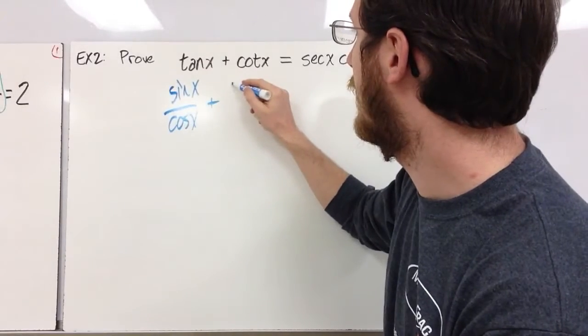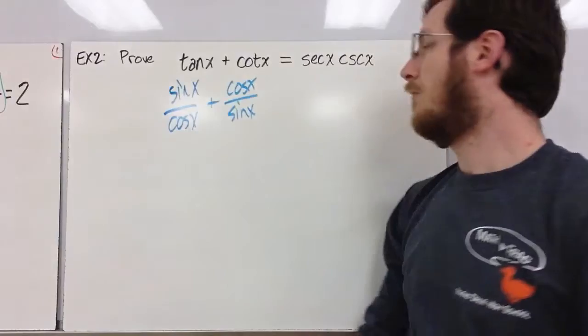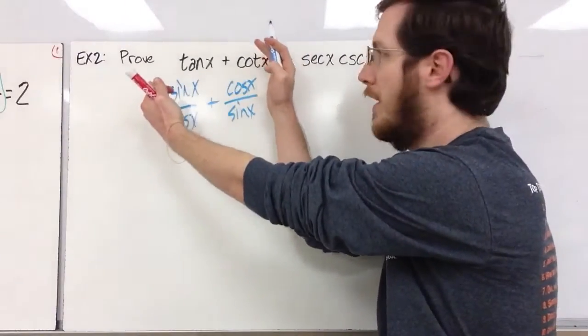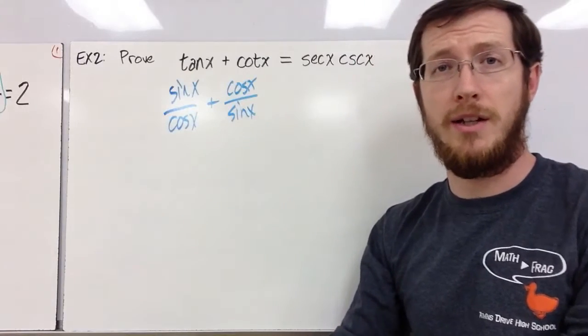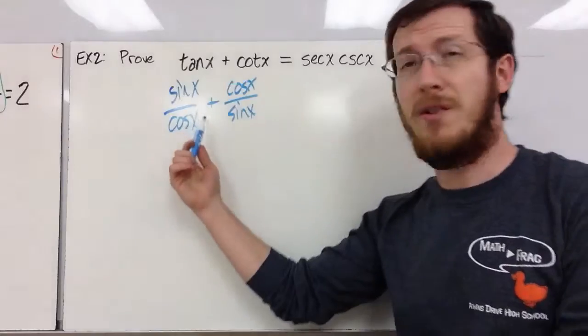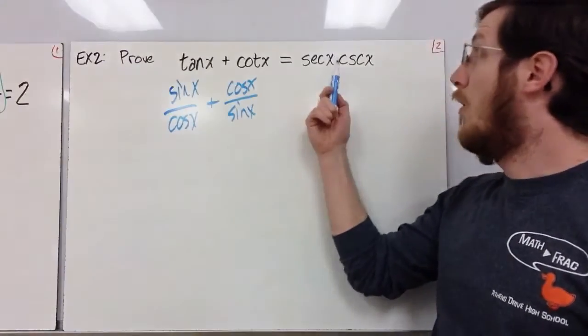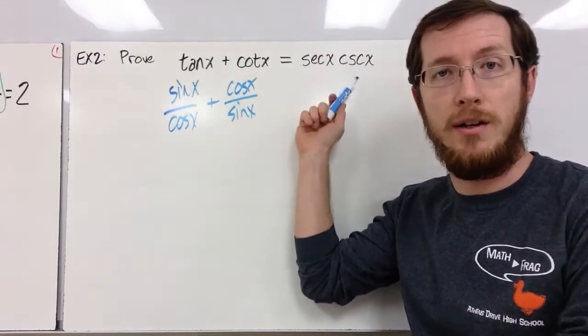Cotangent of x is cosine over sine. Again, we're just looking at one side of our equation. It's a whole lot like what we did when we first learned our identities, where we were just simplifying an expression using our identities. The difference here, and it's kind of a bonus, is that we know what our goal is. We know what it's going to look like when we're done.